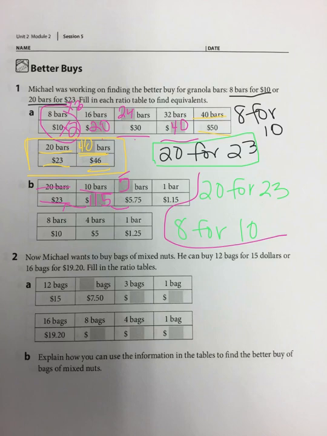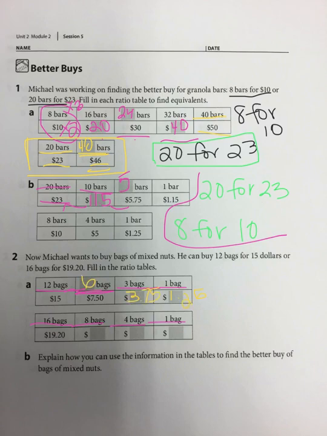Look at the patterns between 12 and this number, 3 and 1, and then 16, 8, 4, and 1. If you double or halve one number, you have to do it to the other. I would like for you to pause the video, do that now, and then come back and check your work.